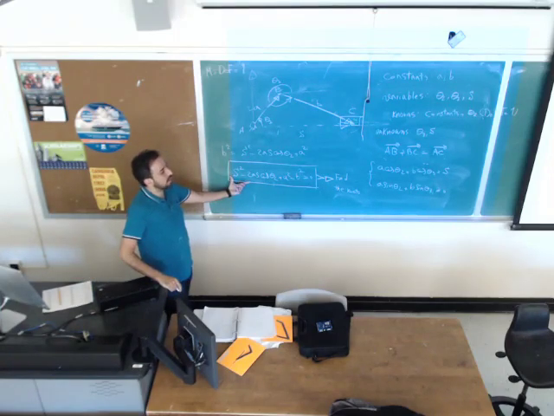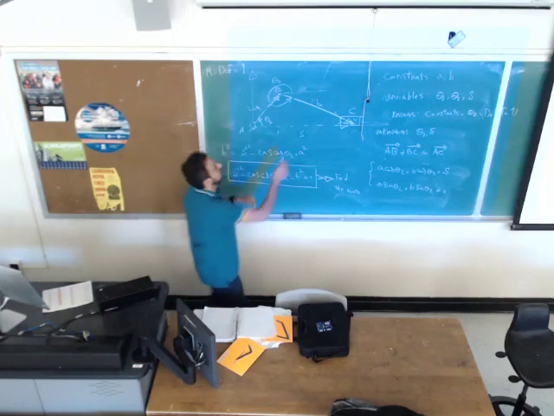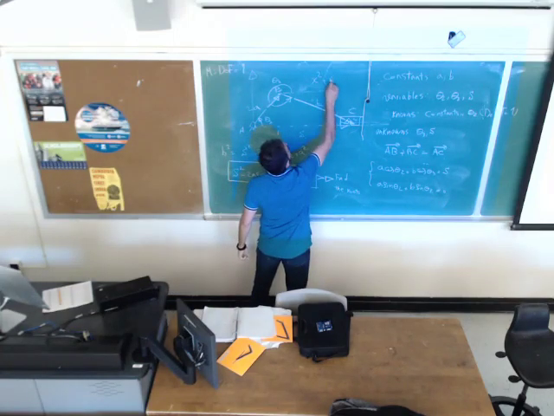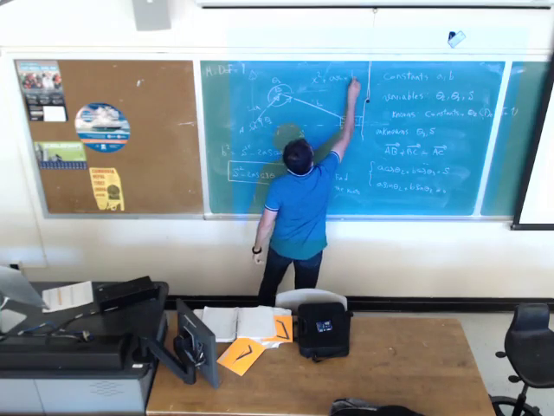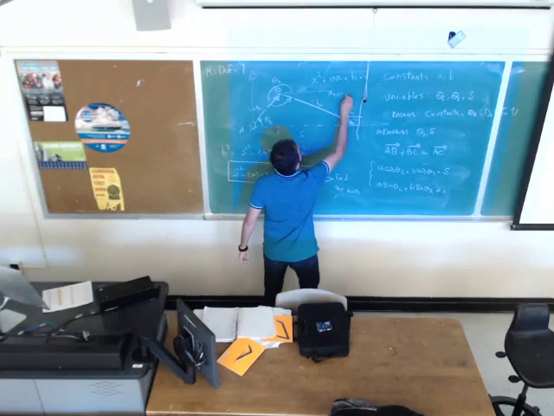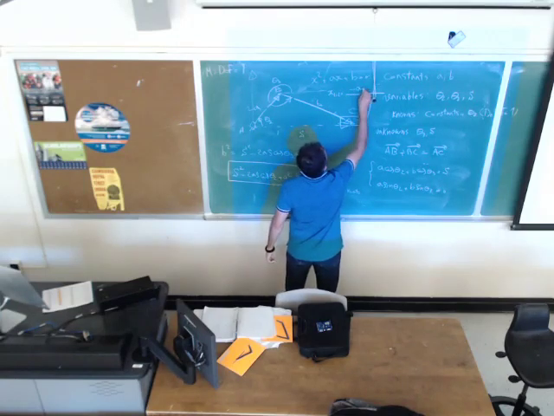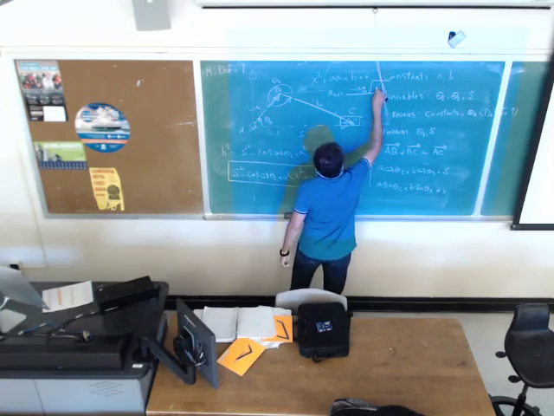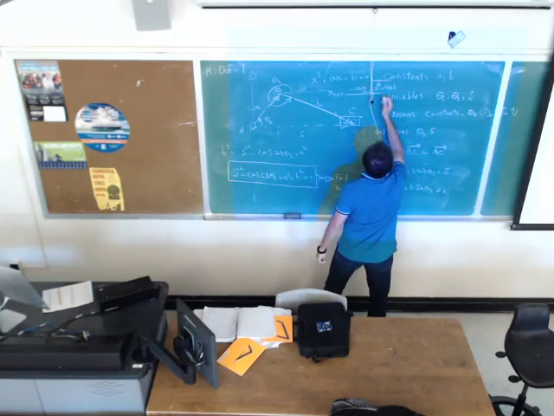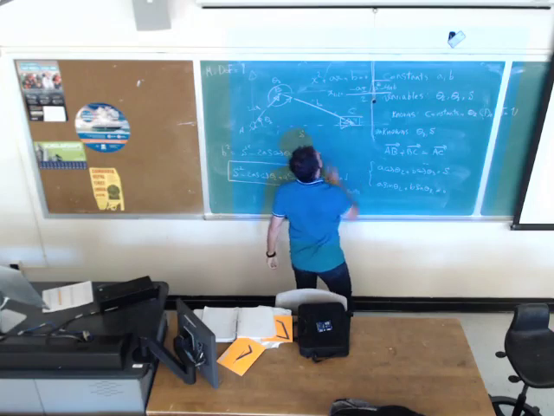You know how to find the roots of a quadratic equation. If you have x squared plus ax plus b, the roots are negative a plus or minus the square root of a squared minus 4b, divided by 2.